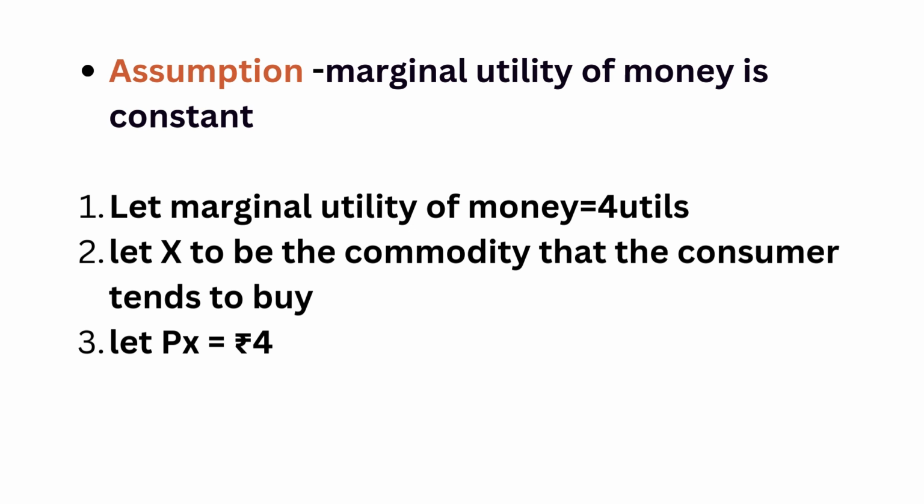Let's see what its assumption is. In the one commodity case, we assume that the marginal utility of money is constant, that is, MUM is constant. Let the marginal utility of money equal 4 utils.